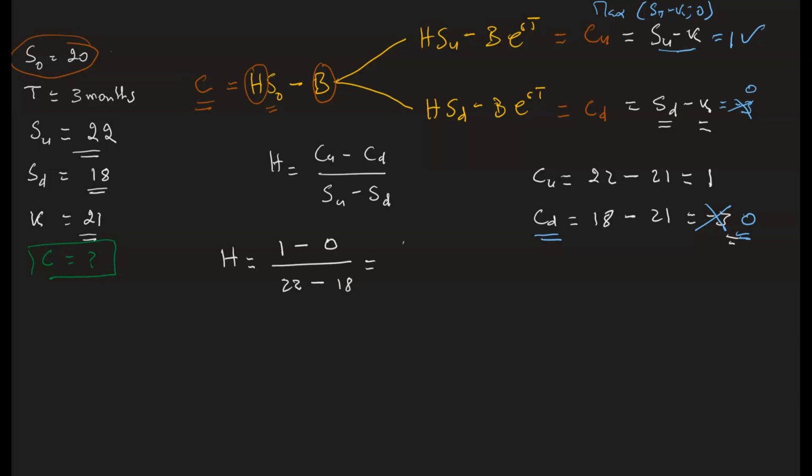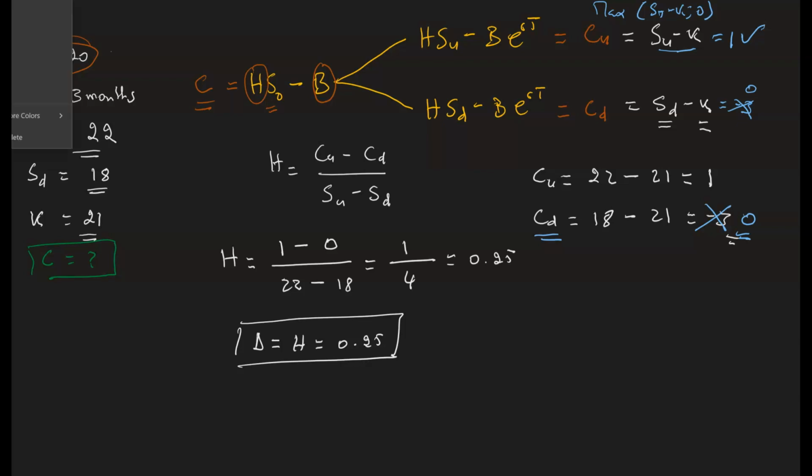So we're going to have 1 divided by 4, and that gives us 0.25. So H for us, you remember the notes there said delta, so delta, which is equal to H, is equal to 0.25. That is going to be our first outcome here.